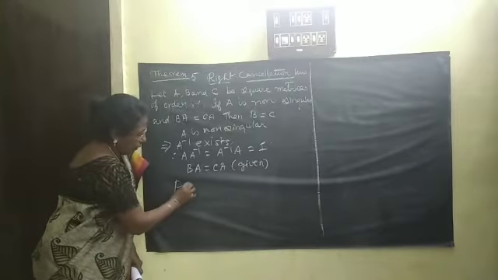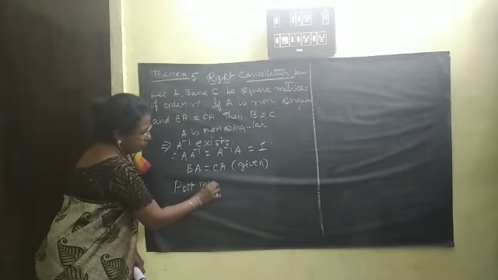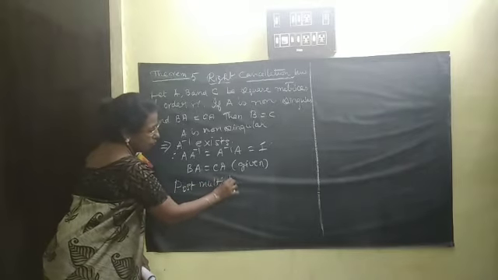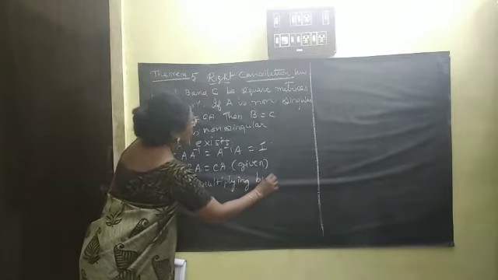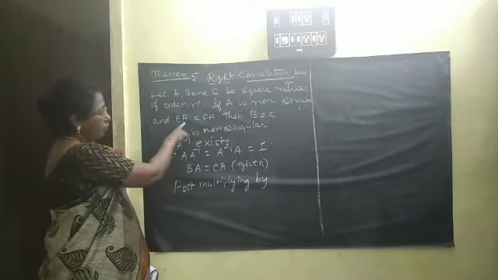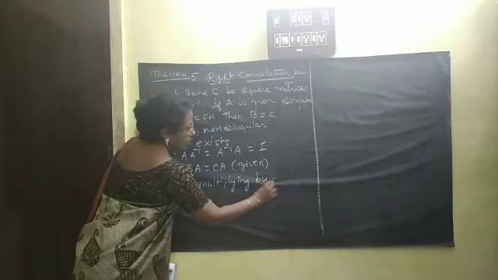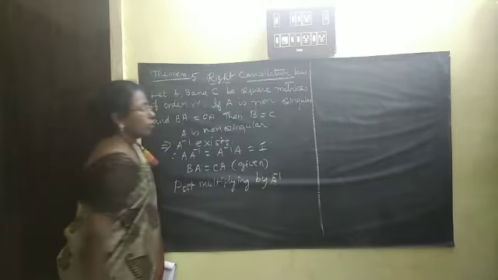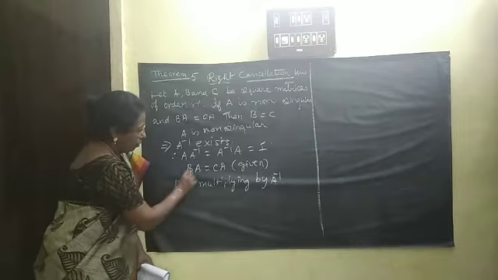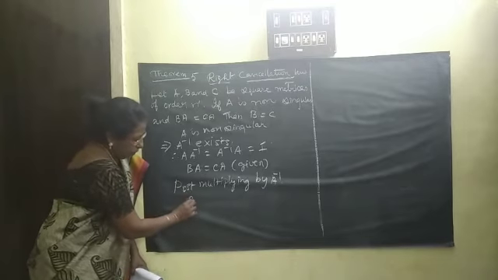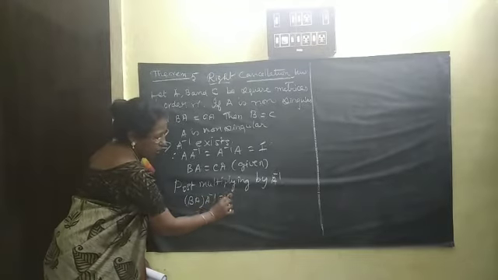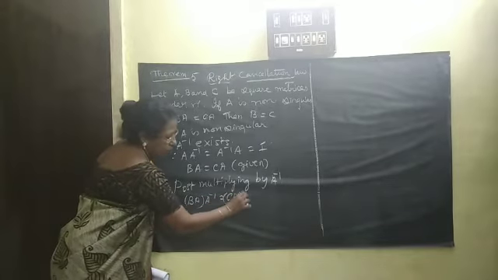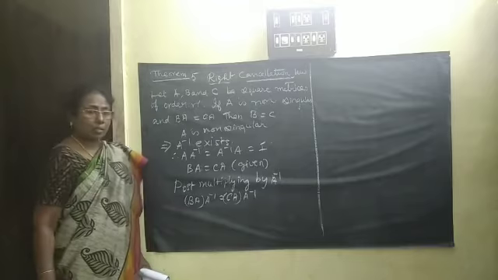Now we have to post multiply by A inverse on either side. You are going to get BA into A inverse is equal to CA into A inverse.